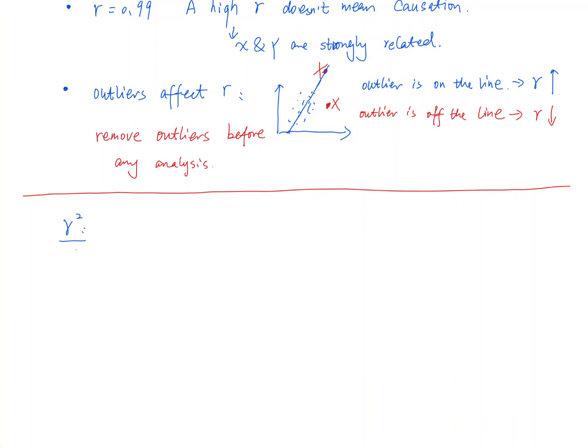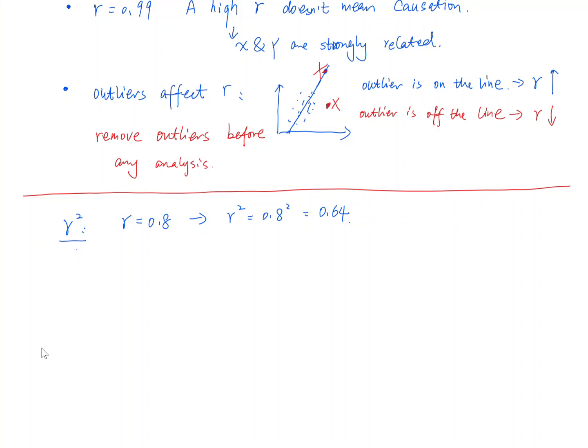So what is R square? It is just the square of r, right? So if r is 0.8, then what is R square? 0.8 squared, which is 0.64. So the value of R square is just 0.64.